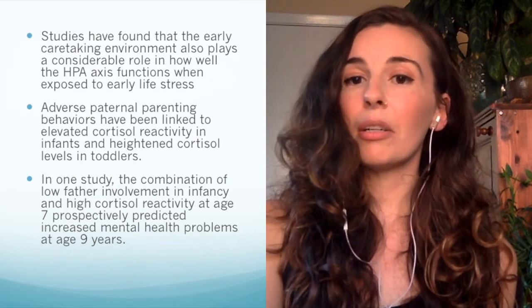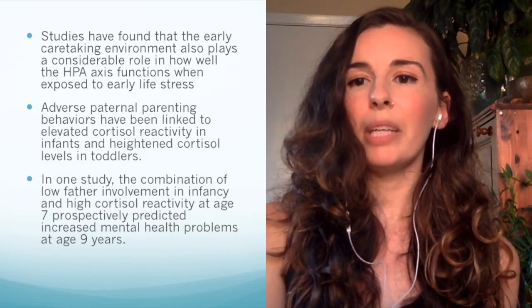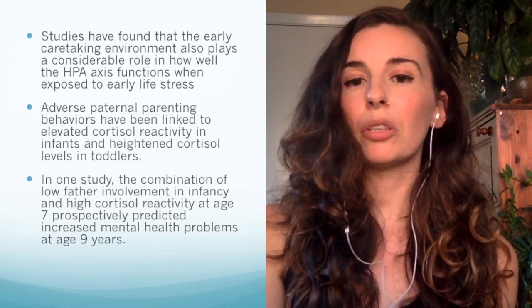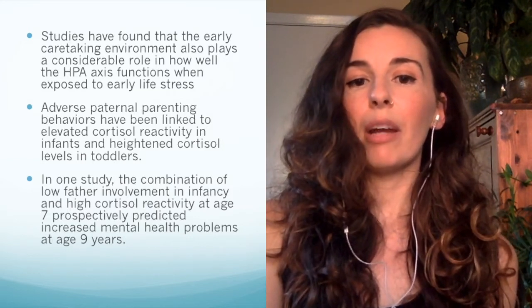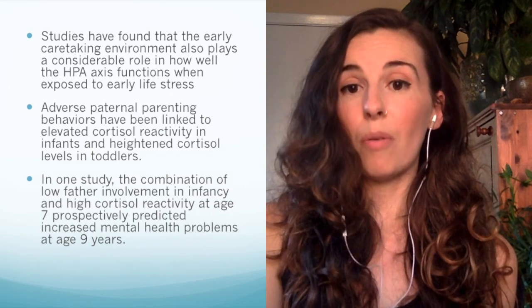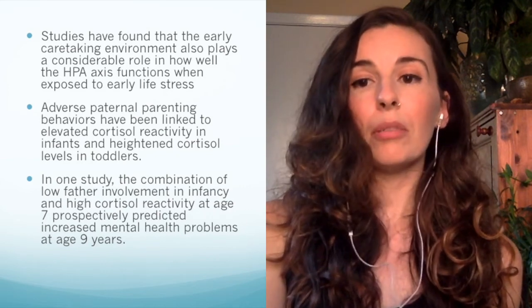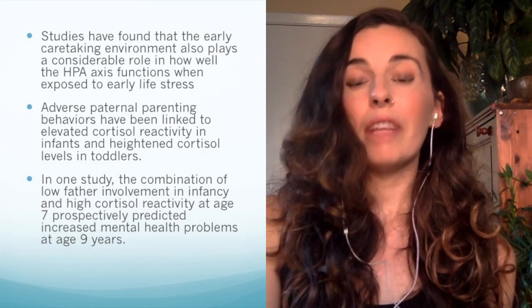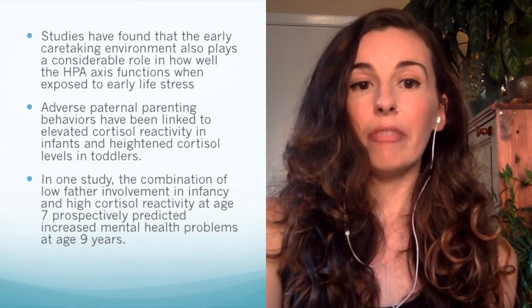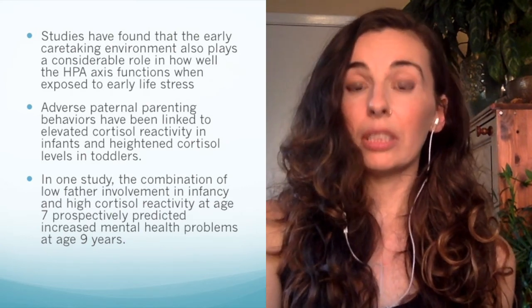Although genetics are an important factor in how well the HPA axis functions when exposed to early life stress, studies have shown that early caretaking environment also plays a considerable role. Adverse paternal parenting behaviors have been linked to elevated cortisol reactivity in infants and heightened cortisol levels in toddlers.